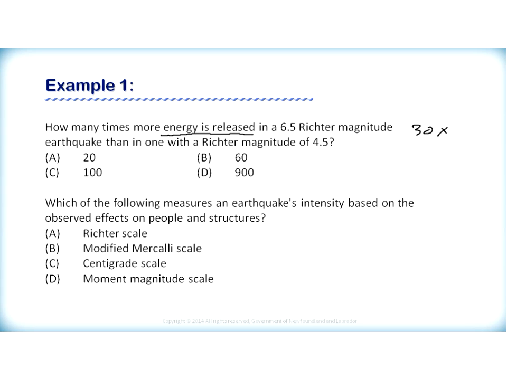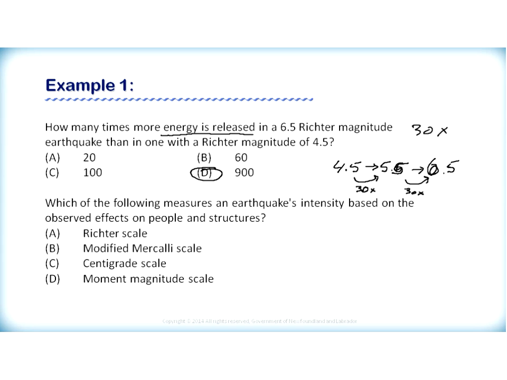So if we're looking at going from 4.5 to 6.5, we're looking at increasing at least 2 complete amplitudes. So for each increase, we see an increase in energy released of 30 times. So our answer in this case will be 900.